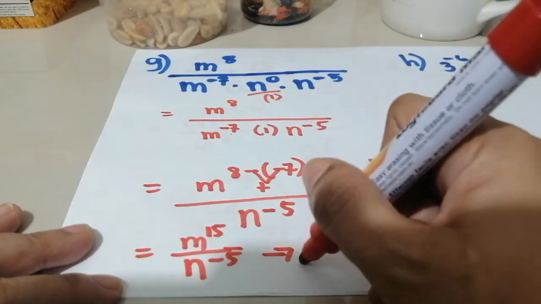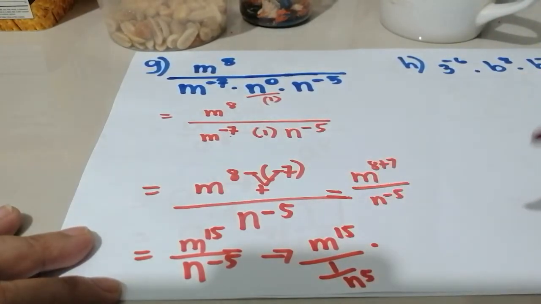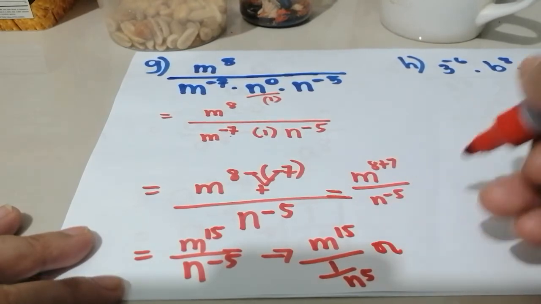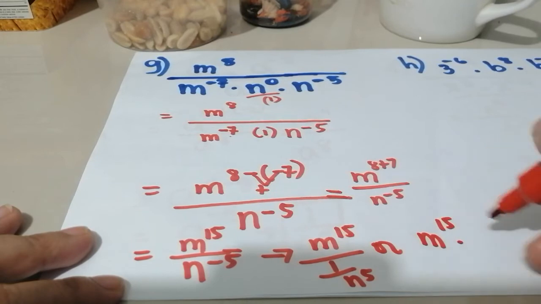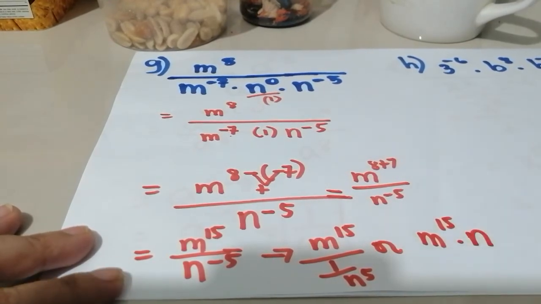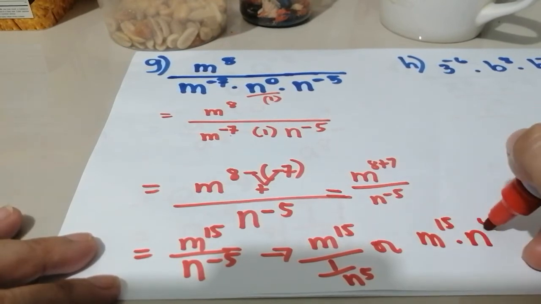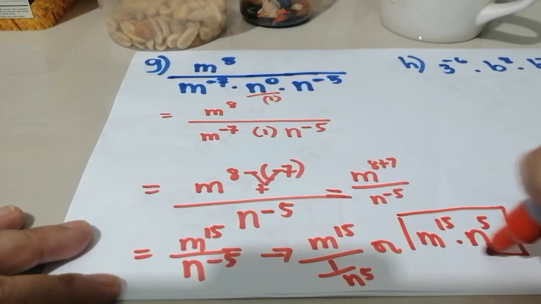That will be 1 over n raised to the 5th power, or pwede rin siyang m raised to the 15th power times n to the 5th. Okay, so eto na yung final answer natin.